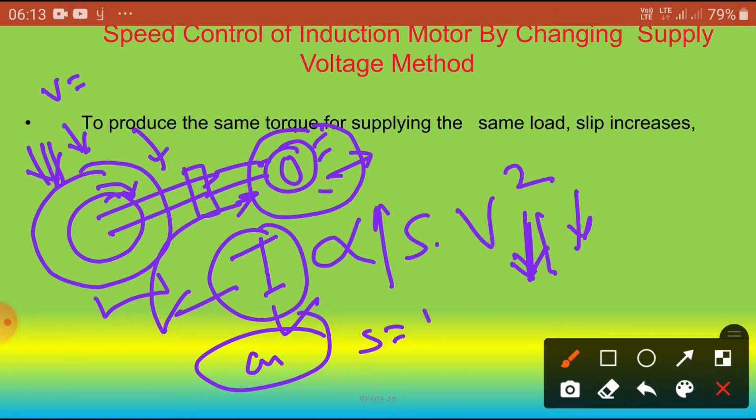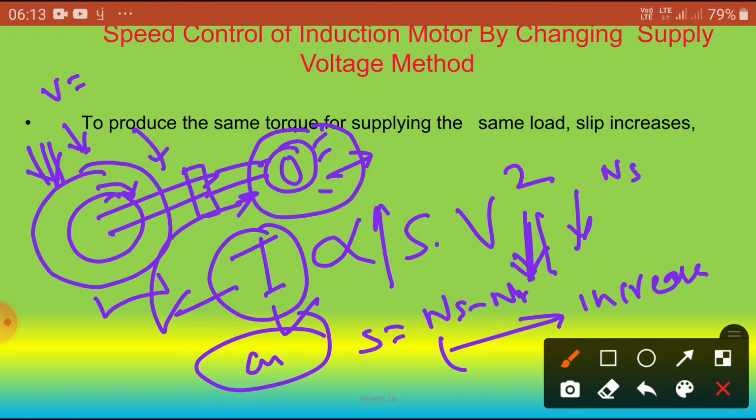S is equal to Ns minus Nr, where Nr is the rotor speed. The slip has to increase, which means the gap between Ns and Nr should increase. How are we going to do that? Ns is constant. Ns is equal to 120 F by P. We cannot change this one.